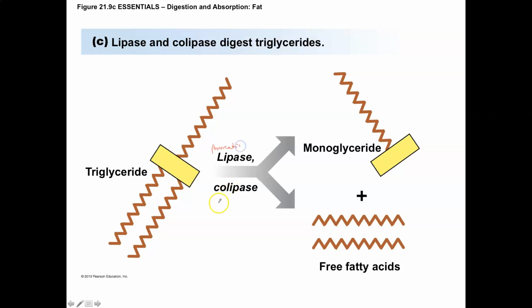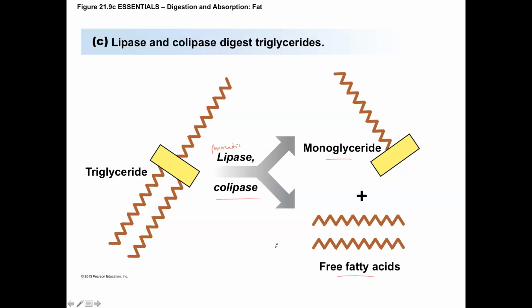We have colipase, also from the pancreas. And now because you've had the emulsification process, these enzymes are able to get access to the triglycerides, and we begin to see the breaking off of free fatty acids and forming monoglyceride or even diglyceride type structures, and they're found in this micelle structure.